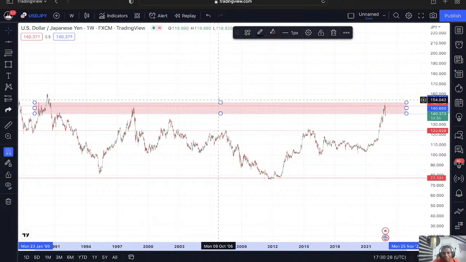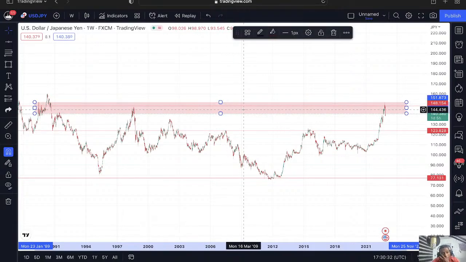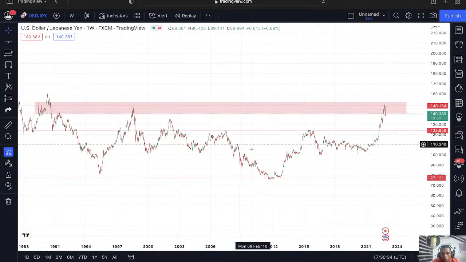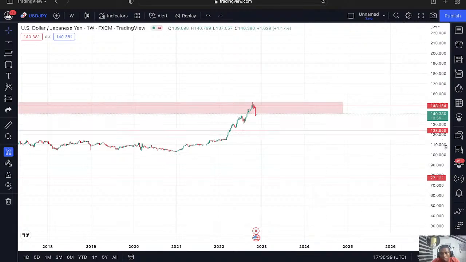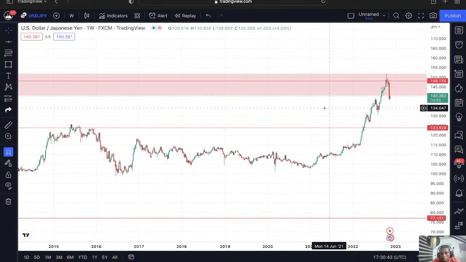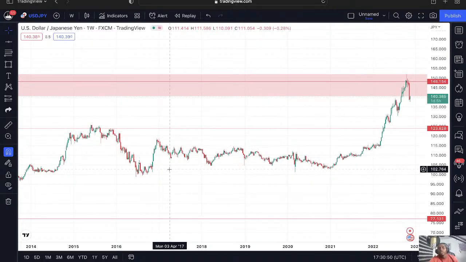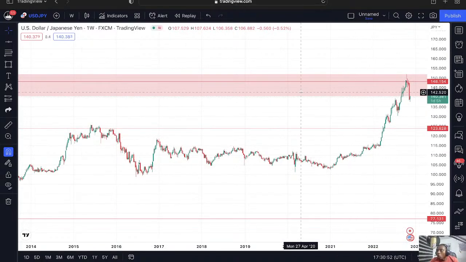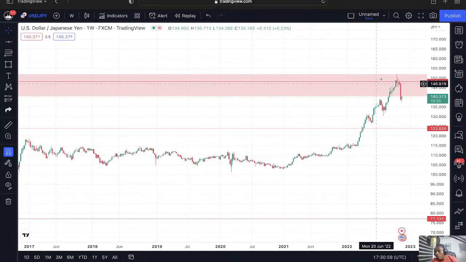It is a key resistance level, because price had not gotten here in a long time. So it was bound for us to see a rejection at that level when price got there.